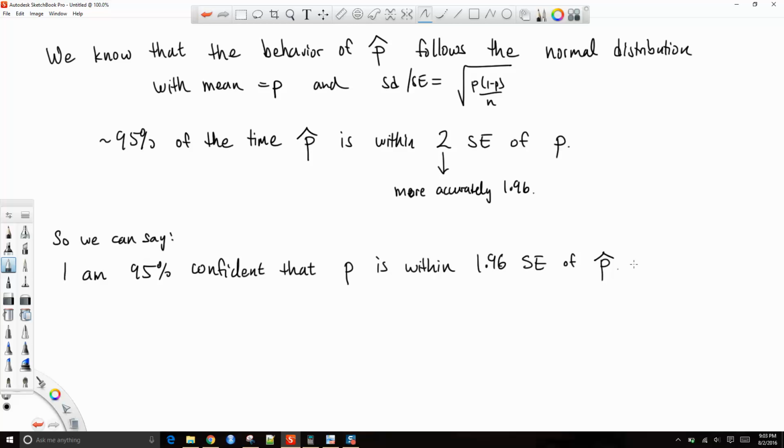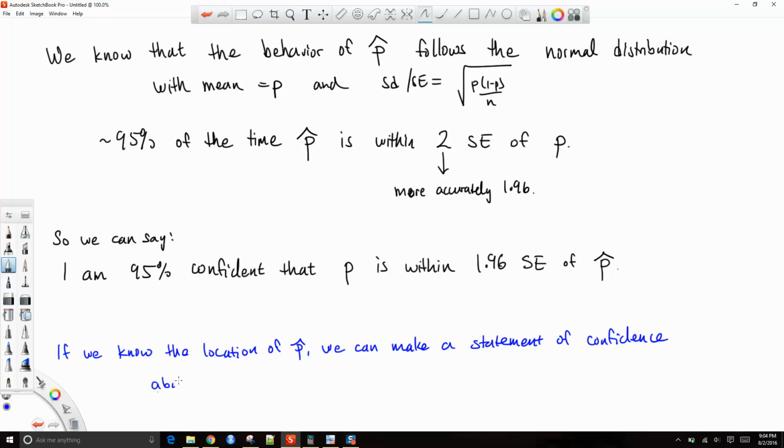So if we know the location of p hat, we can make a statement of confidence about the location of p. Okay, is that all right?